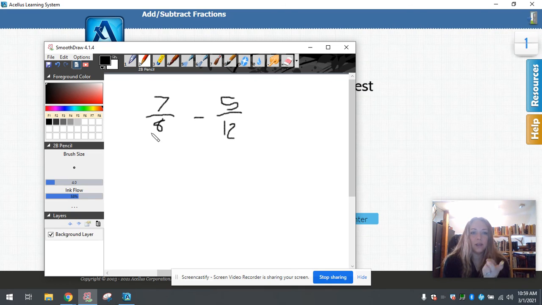You'd multiply the 7 and the 8 by 3 to get 21/24, minus, then you multiply the 5 and the 12 by 2 to get 10/24, and you'd subtract, and then reduce if necessary. But on this one, I'm going to find the common denominator and cross multiply. So I'll do the easy peasy fail proof way, and I'll go 8 times 12, and I get 96.